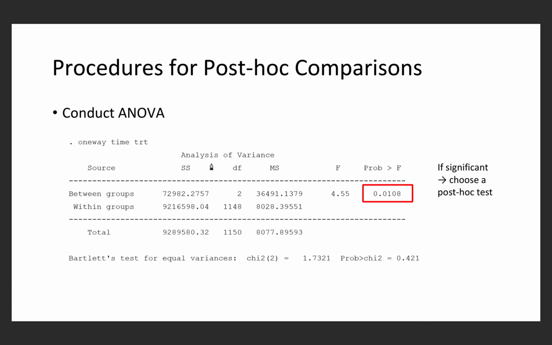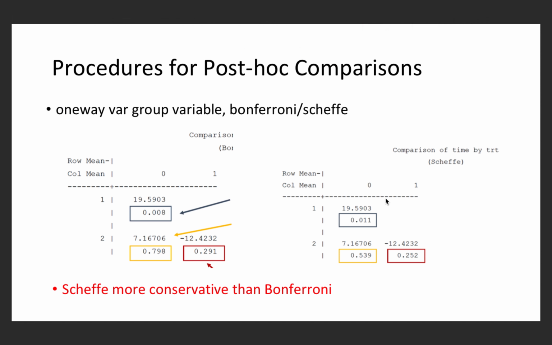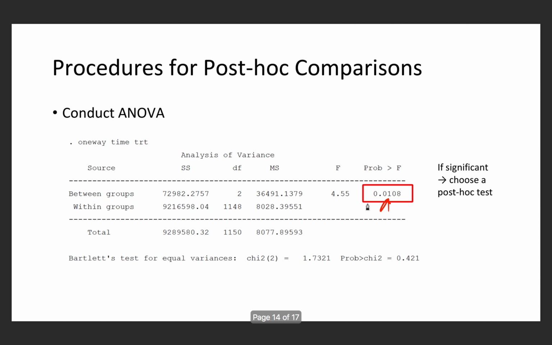After you conduct this, the p-value is smaller than 0.05, so it's significant, it's different. That means not all of them are the same, so I'm going to do a post hoc test. In the last homework, this one is not significant, so you don't have to do a post hoc test.